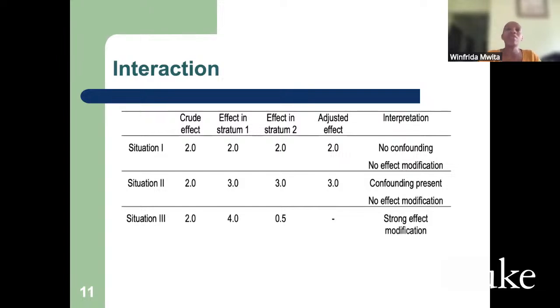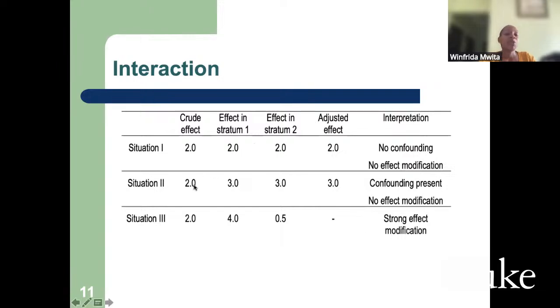The easy way is to look for the change from your crude estimate to your adjusted estimate and the stratum specific estimates. If the crude, the stratum specific, and the adjusted estimates are similar, you don't need to control for that third variable. It's not a confounder. It's neither an effect modifier.